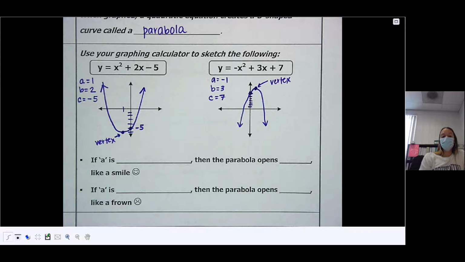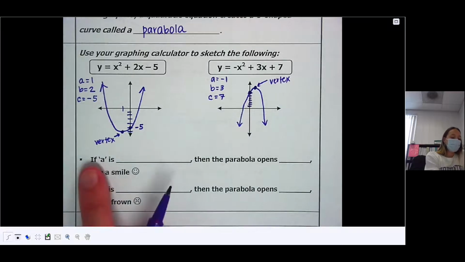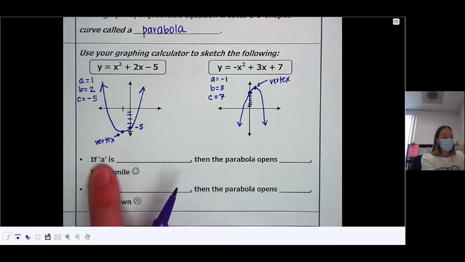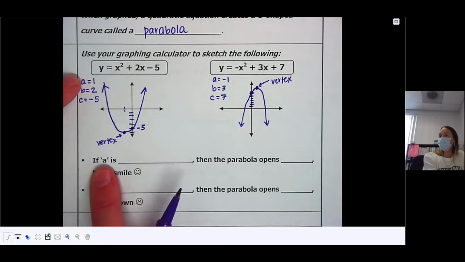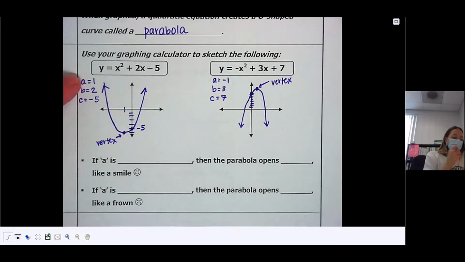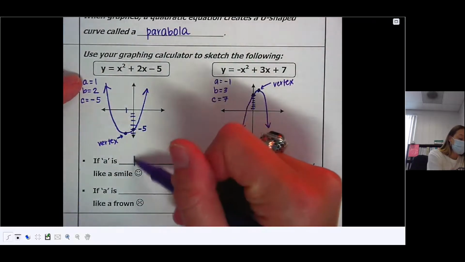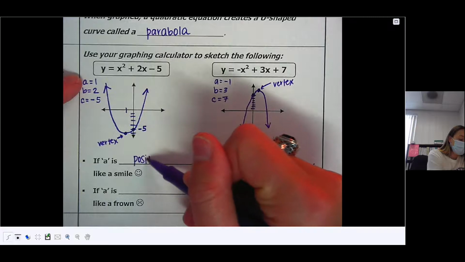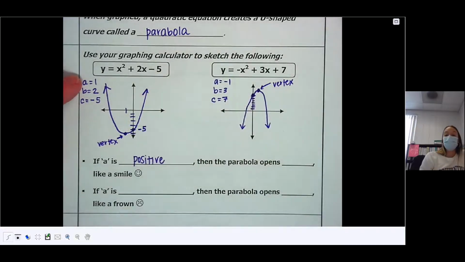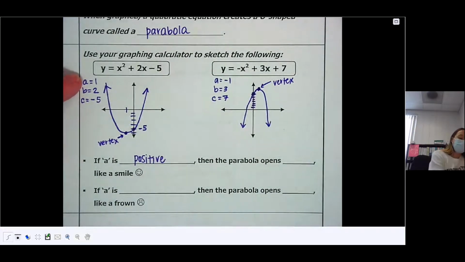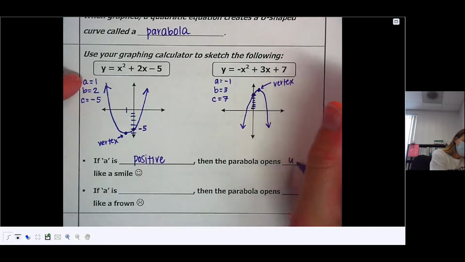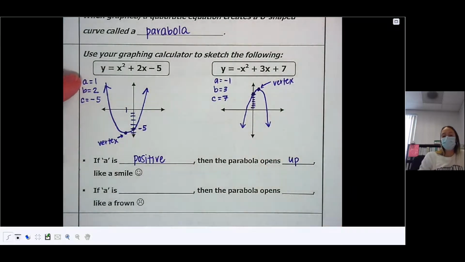Okay, so here's the big distinction. If your a value is a positive number, which way does your parabola open, up or down? It opens up. So if your a value is positive, your parabola opens up like a smile. So think about literally a smiley face.